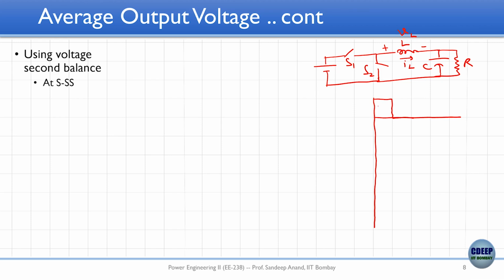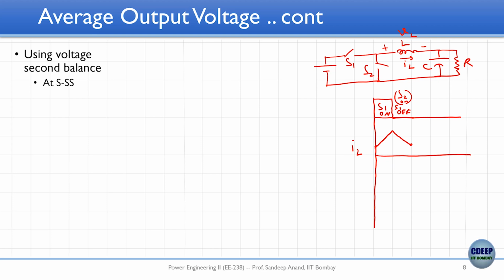If this is S1 on and this is S1 off, then as we have done before, I can draw the inductor current starting from this point, going up, coming down, right? Of course, when S1 is off, then S2 is on, right? You understand that? When S1 is off, S2 is on, they are complementary, which we have already seen before.